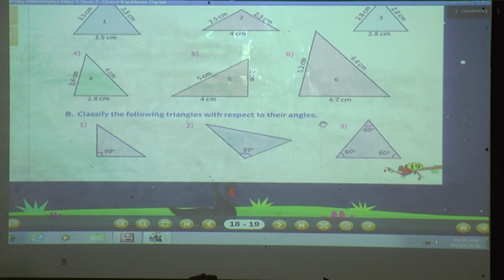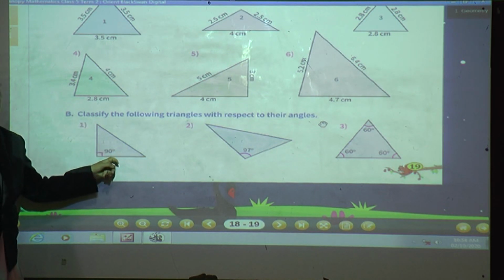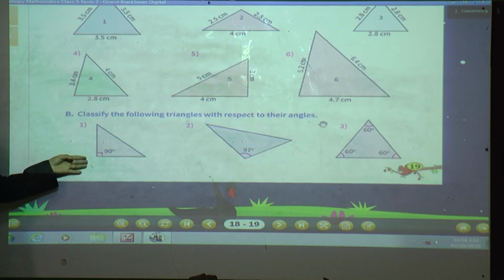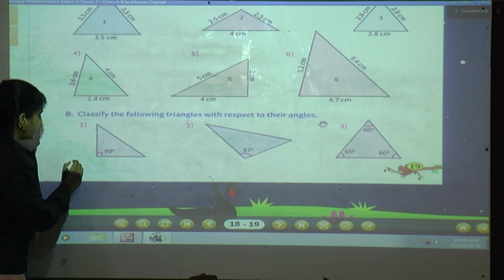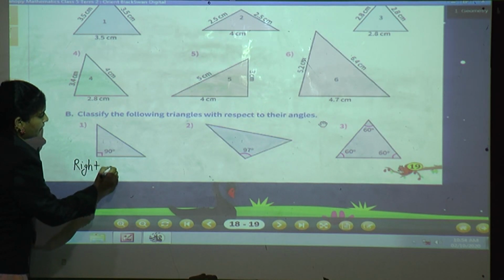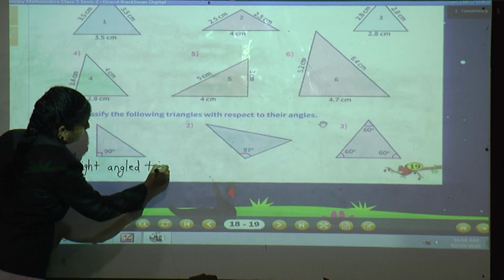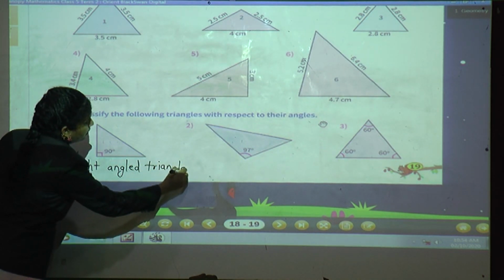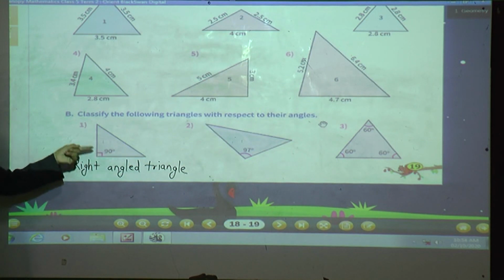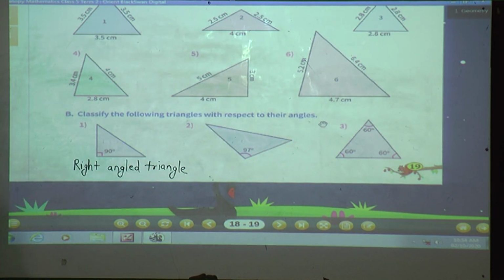So here you can see this is a right angle. So which type of triangle is this one? Yes students, very good. This is a right angle triangle, because one angle is of 90 degree. So that's why this is a right angle triangle.